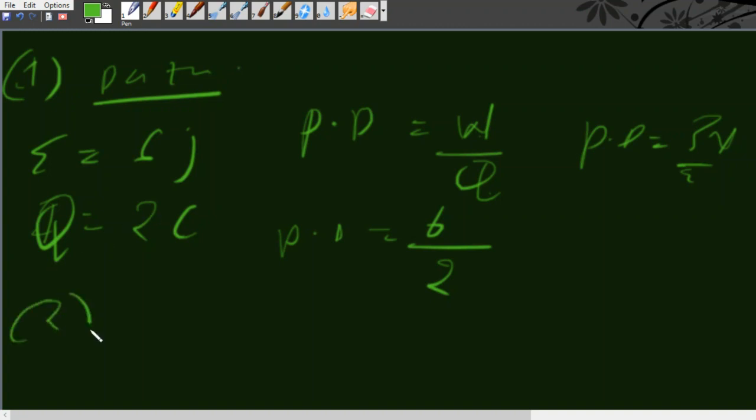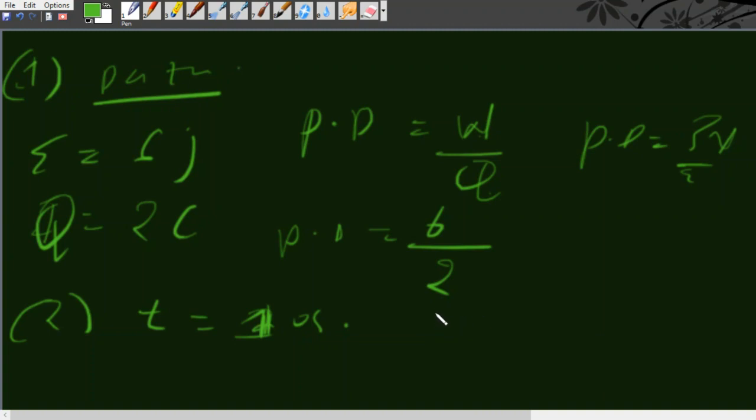So this is 2. Time has been given as 10 seconds. In 10 seconds, a charge of 25 coulomb leaves a battery.